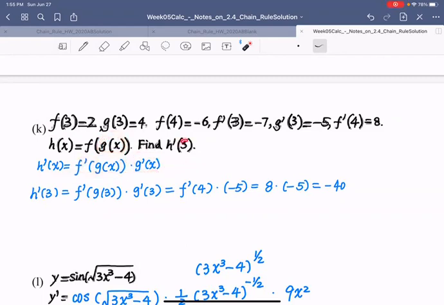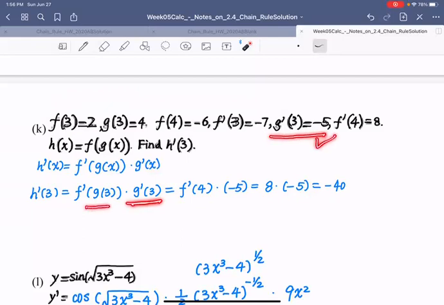So h prime of 3 equals f prime of g of 3, times g prime of 3. 3 is replaced here. G prime of 3 is given, -5.